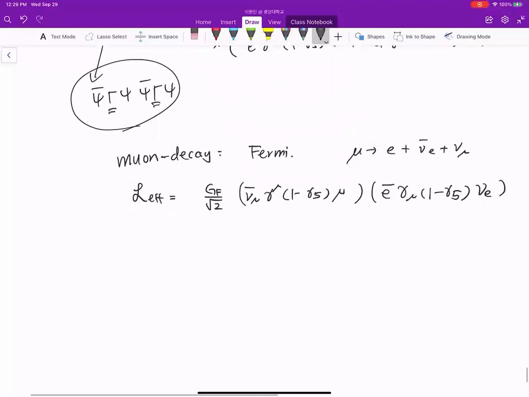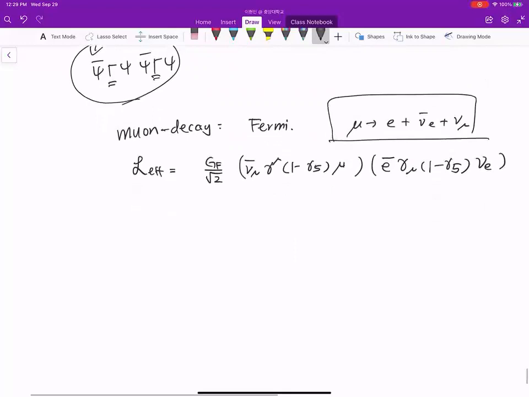From this effective interaction, you can describe the muon decay as a point interaction. The muon annihilates to create a muon neutrino, all occurring at the same point in space-time, together with the electron and the anti-electron neutrino.